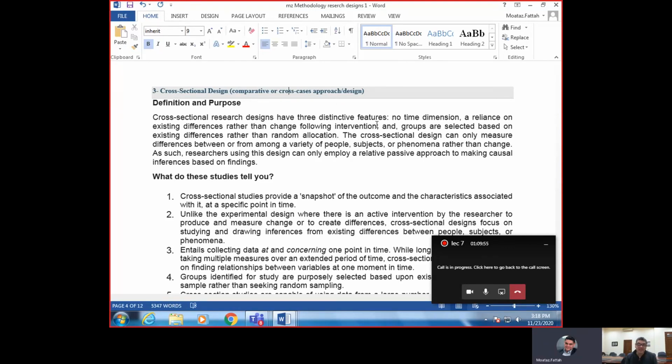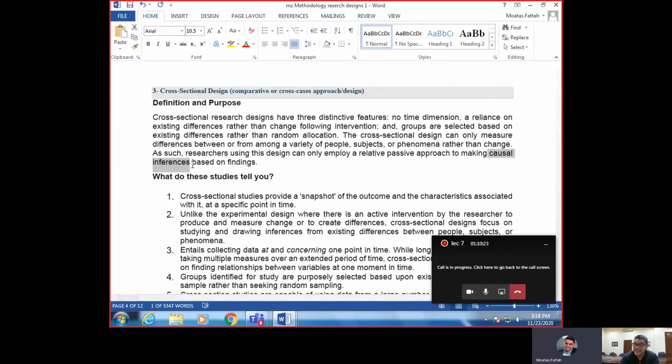However, never ever claim that you can prove or make causal inference, as it says here. Why? Because we can be deceived. I'm going to show you an example.